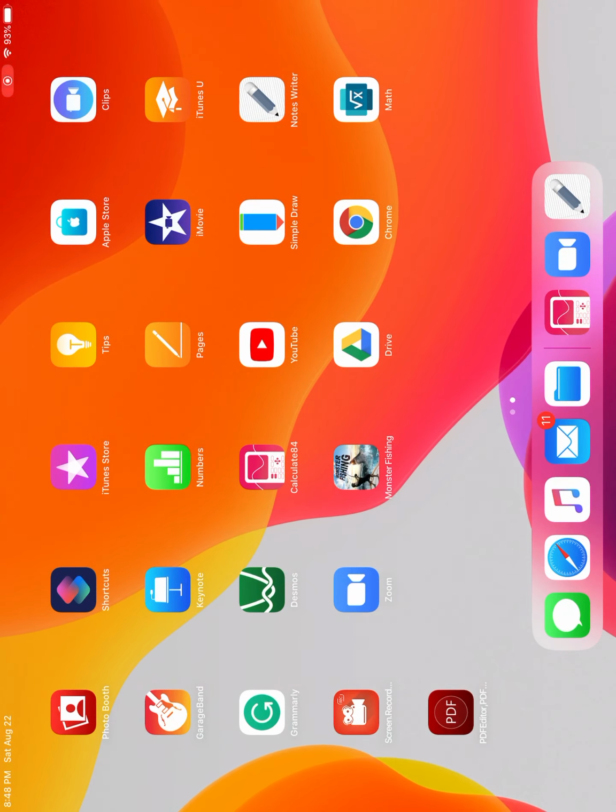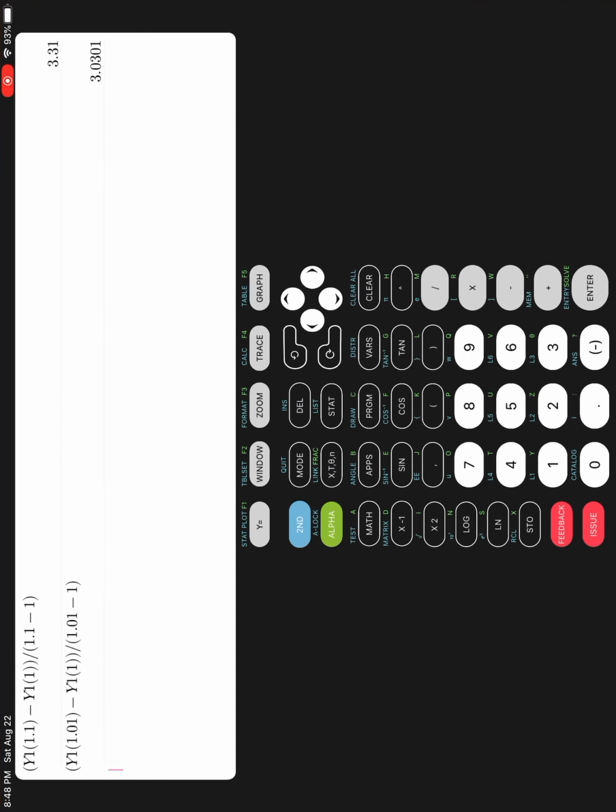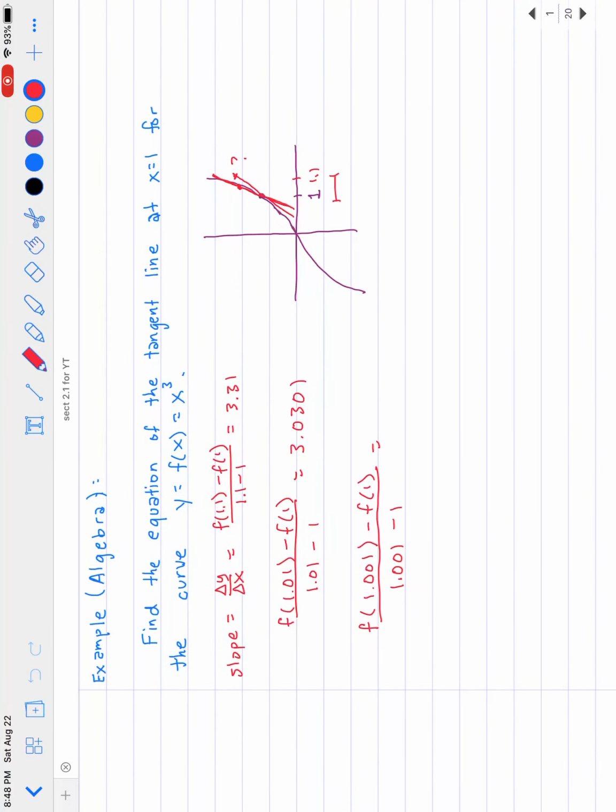One more time, we go back to the calculator, press second enter, and change that so that we sneak in another 0 over here, and another 0 over here. And there we go. It looks like it's going to be 3.003001.